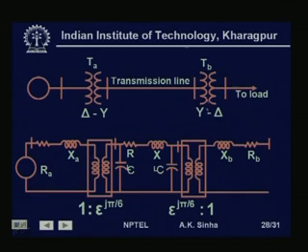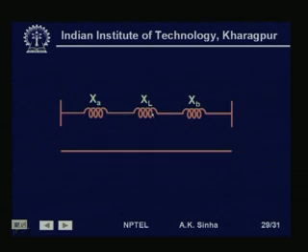If we have a star delta transformer, then we have the phase shifting introduced here. So, this is the way we get the equivalent circuit for the system, and most of the time the resistance is very small, and the core loss part and the magnetization current are very small. So, we represent the transformer by a simple reactance. This is what is shown here.